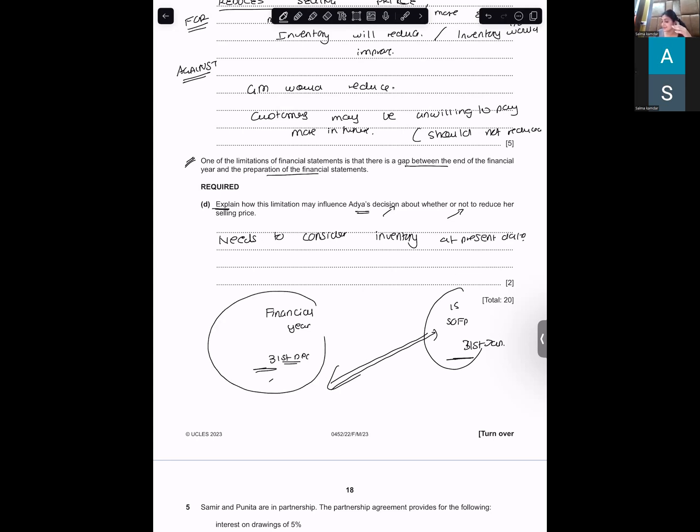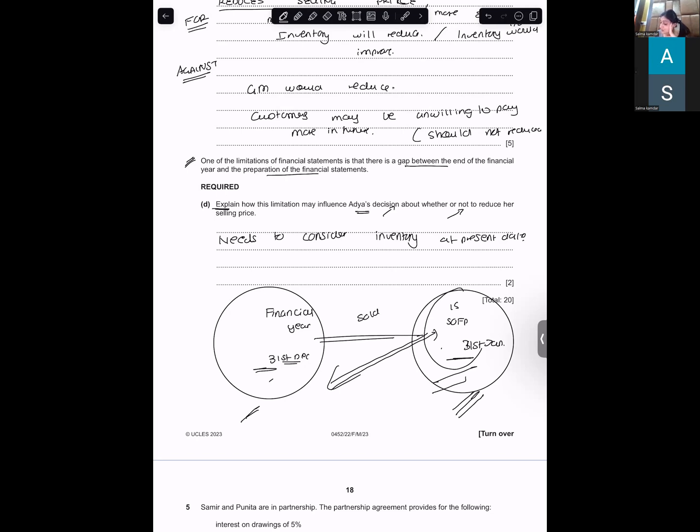Her year is ending here, and she comes to know about things over here. Now, if she has to reduce the selling price, she needs to see inventory at the current date. There might be chances that between this period she has sold more without reducing the selling price.